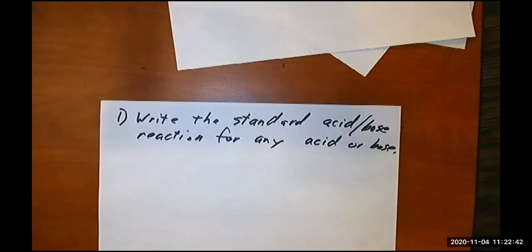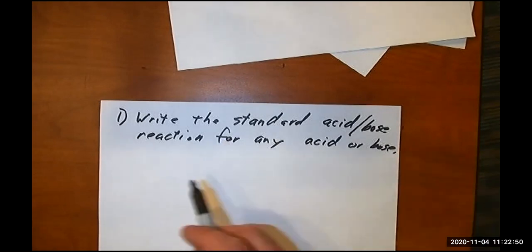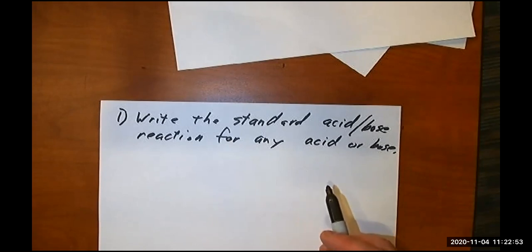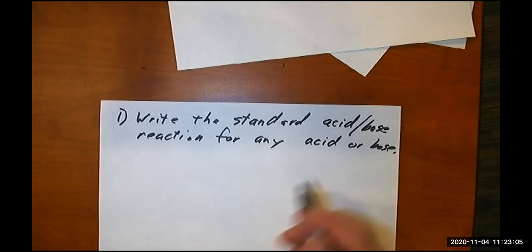And remember, in the Bronsted-Lowry definition, it's simply being a proton donor or a proton acceptor. So there's nothing special or magical about these reactions. You take your acid and you remove an H+, and that becomes the conjugate base on the other side. If you're starting with the base, you add an H+, and that then becomes your conjugate acid on the other side.